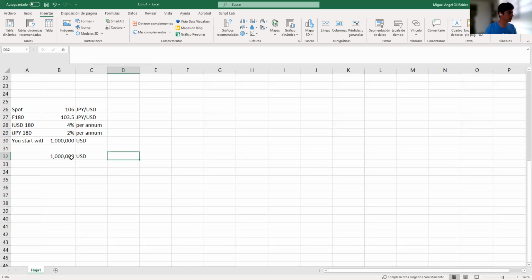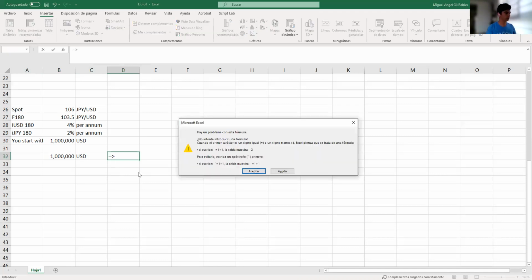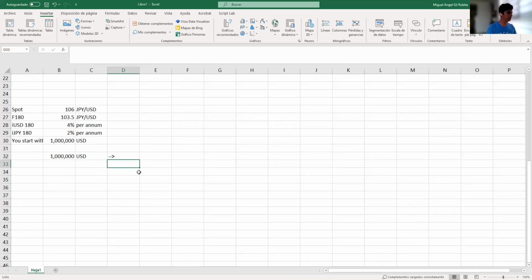Let's start, okay? So we have $1 million at day 0, and we're in the US. The first thing that I want to calculate is the future value of my $1 million. And how do I calculate that? It's very easy. We are going to use the formula of future value using simple interest.